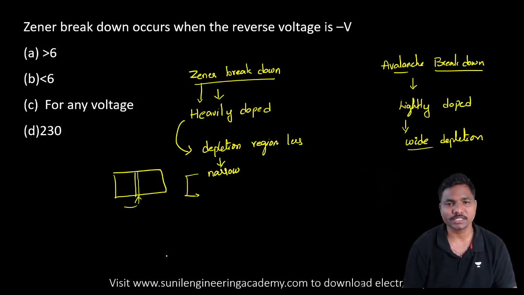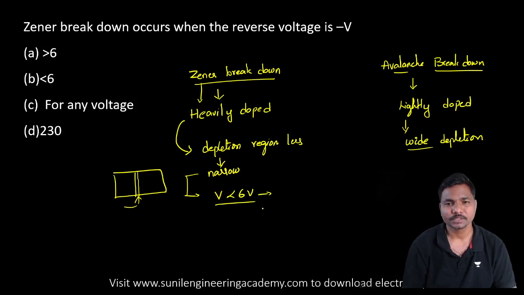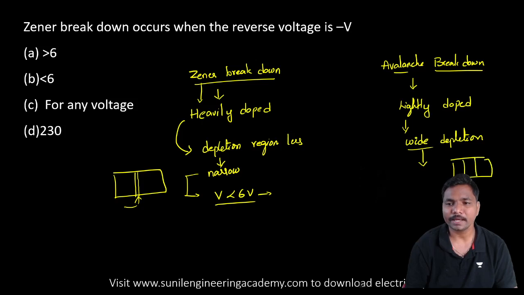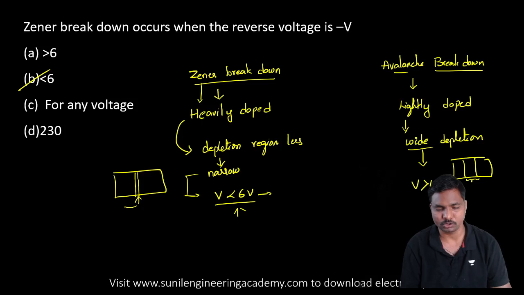A very less voltage is enough. So whenever the voltage is less than 6 volt, it can break the junction. But if it is a wide depletion region, then we have to apply more voltage, so it happens whenever the voltage is greater than 6 volt. So Zener breakdown occurs at less than 6 volt, avalanche breakdown occurs at greater than 6 volt.